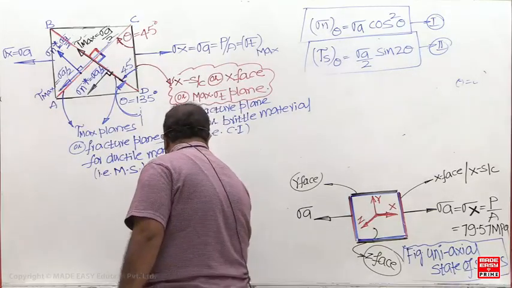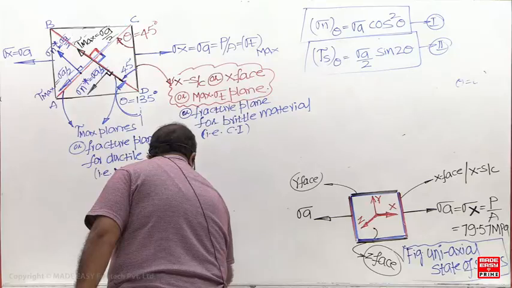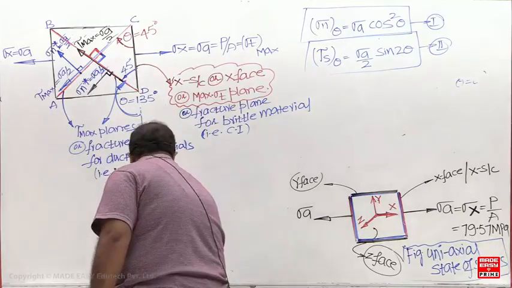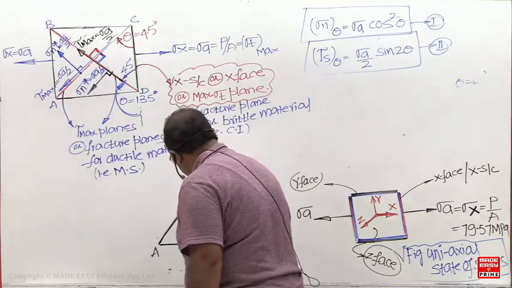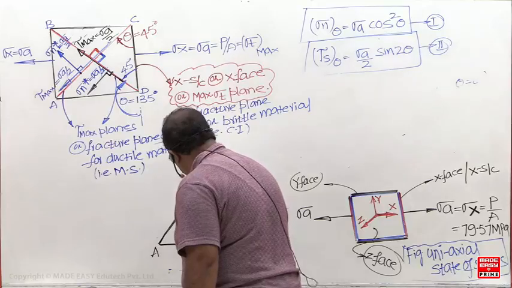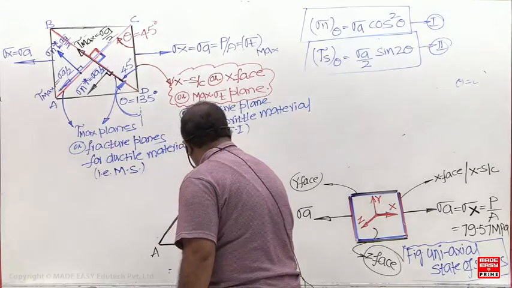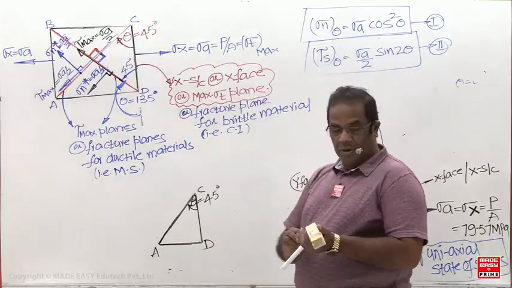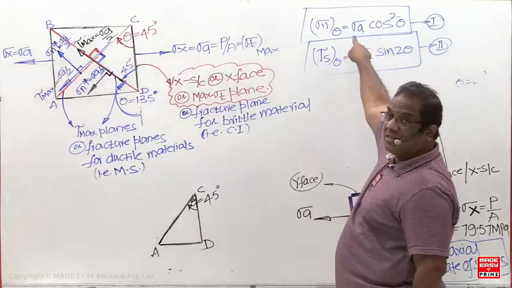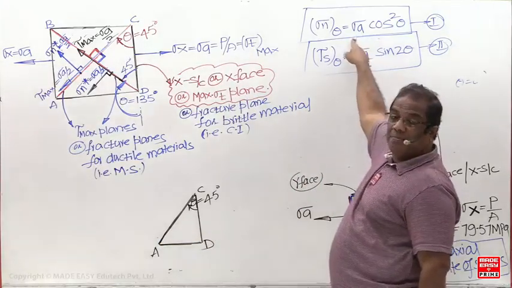This is C, D and A. So this plane is at what angle now? On this plane, at 45 degrees, the value is plus sigma A by 2.